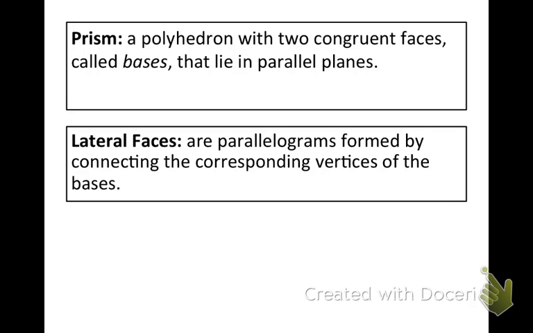So if I wanted to find the total surface area of this prism, what could we do? Couldn't I find the area of this face, find the area of this face, find the area of this face, this face, this face, this face, and then add them all together?